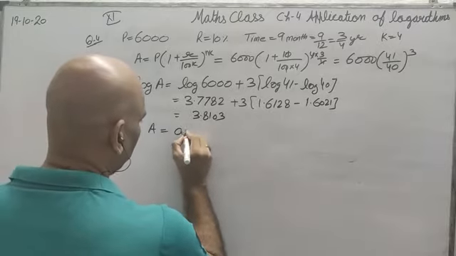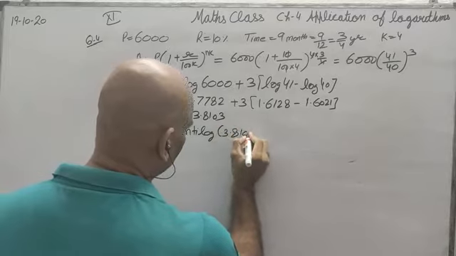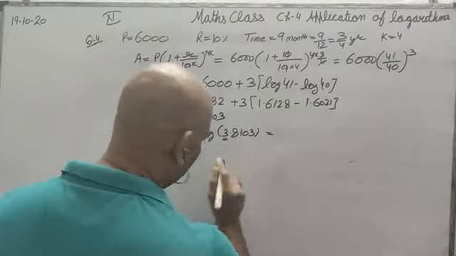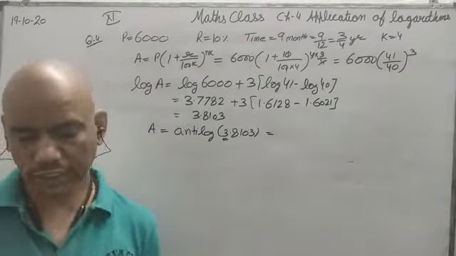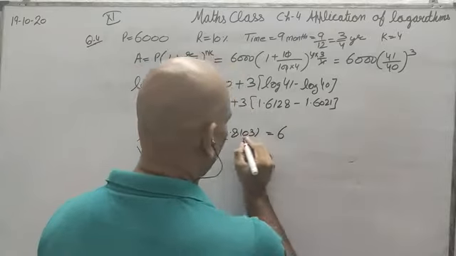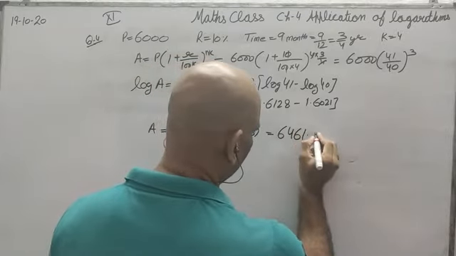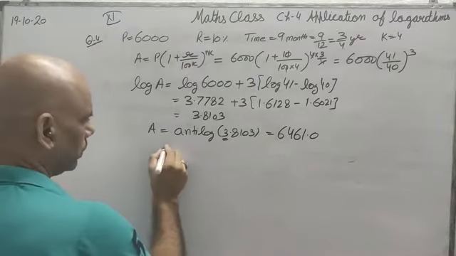And then I will simply calculate A by finding the anti-log of 3.8103. This 3 is telling me that there should be 4 digits in the number before the decimal. So it is going to come 6461. Anti-log of 8103 gives 6461 and the decimal after 4 digits, so 6461.